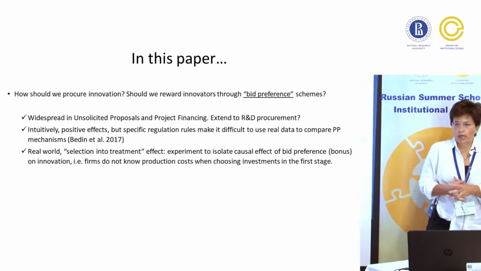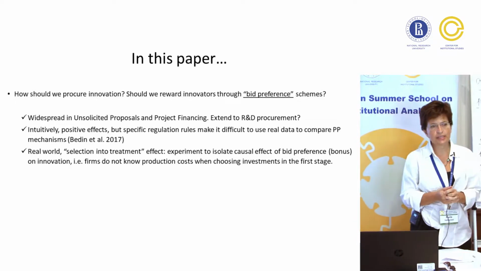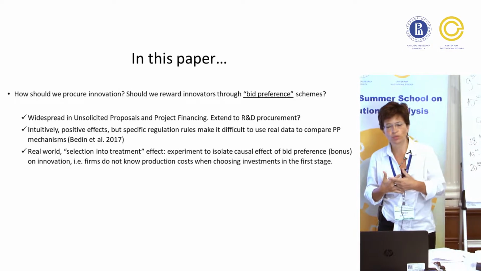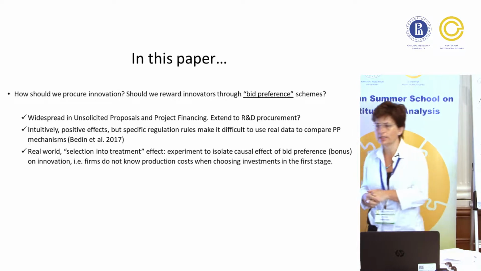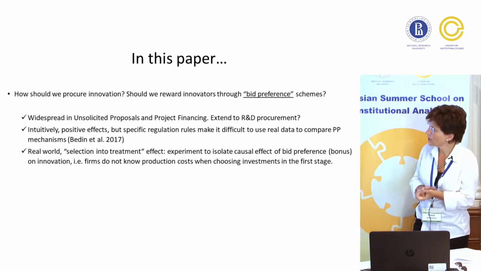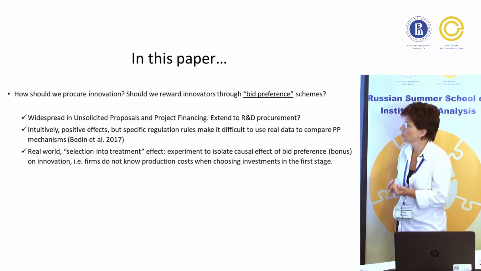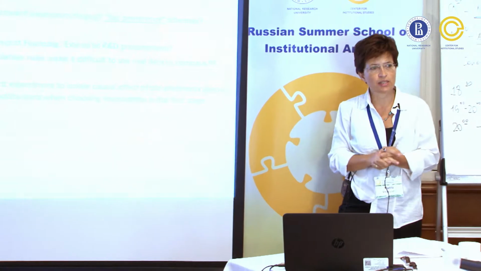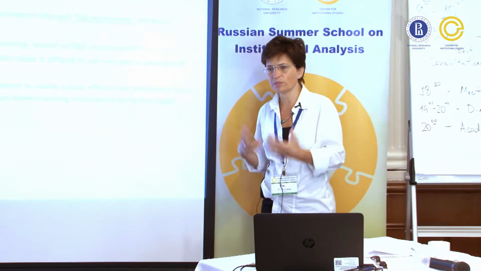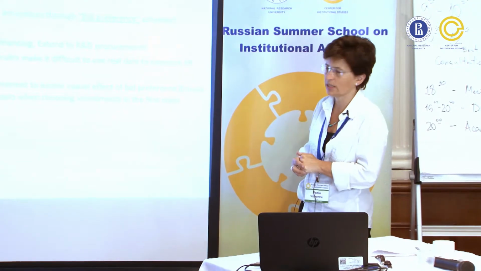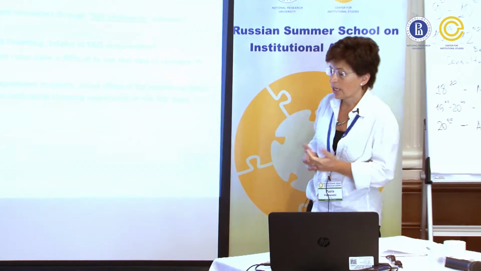So the question of the paper is how we should procure innovation, and should we use what we call bid preference schemes for this aim. What we know is that these bid preference schemes are widespread in unsolicited proposals and project financing. So the question is, could we also adopt bid preferences in research and development procurement, to foster this kind of process?